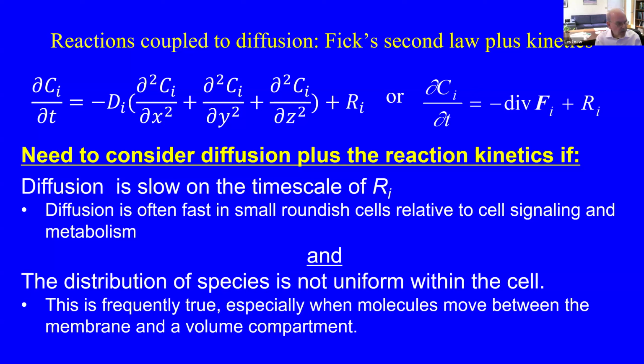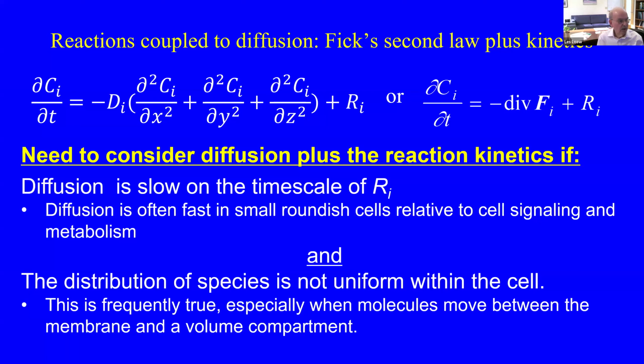But very often, cell biological processes start off by stimulating molecules in the membrane. And then there's a transmission of that information to molecules in the volume, right? And if that's the case, then the system is not uniform.